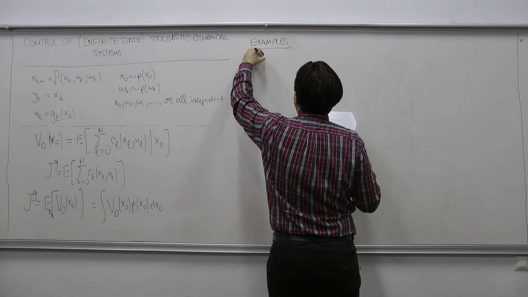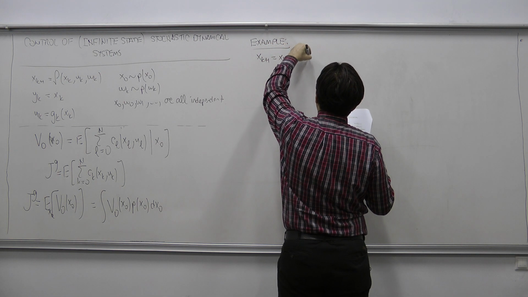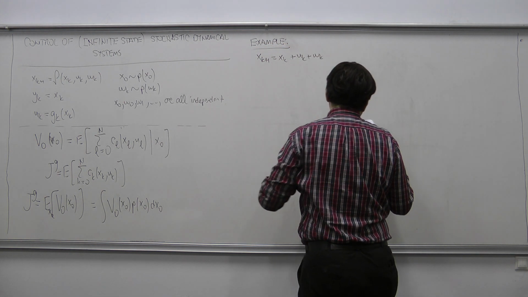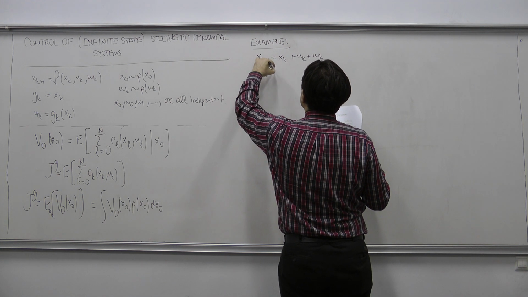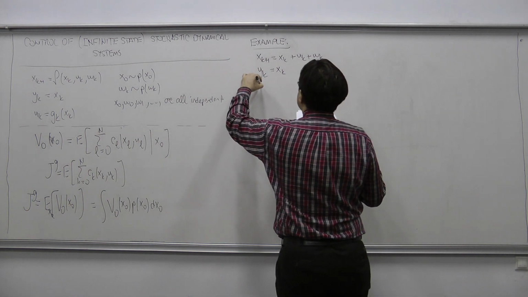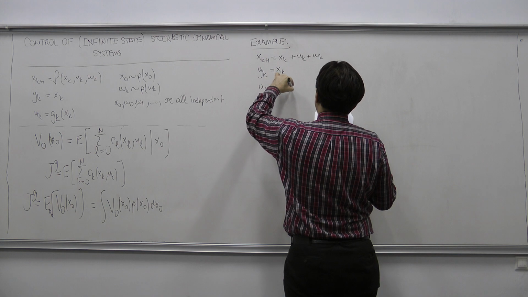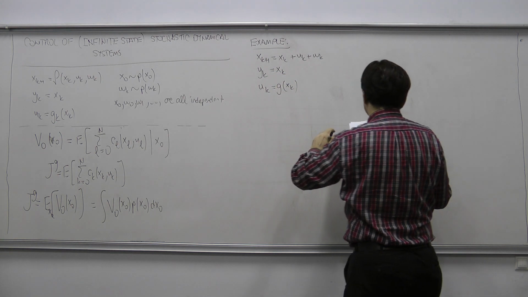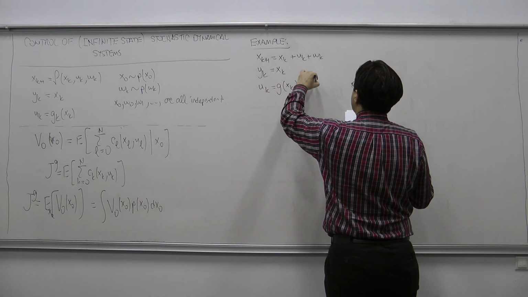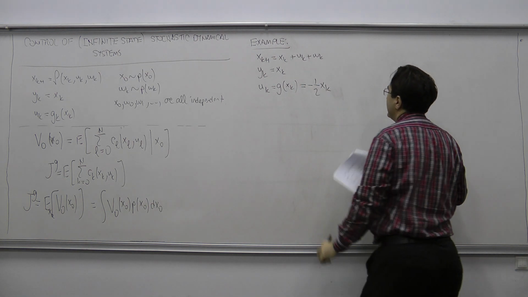So I have x_{k+1} equal to x_k plus u_k plus w_k, and I have the complete information case, y_k equals x_k, and I am given the feedback policy like this, g of x_k. I have a stationary Markov policy, and that is given as minus 1/2 times x_k. Okay?